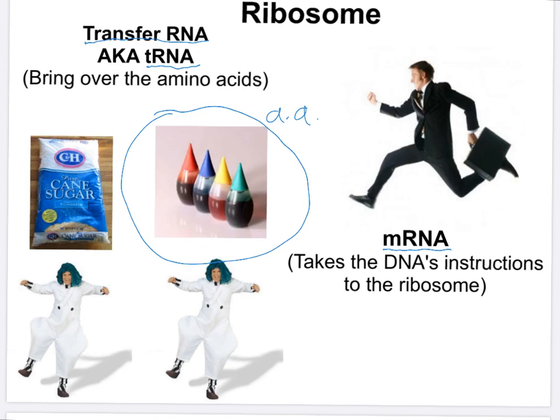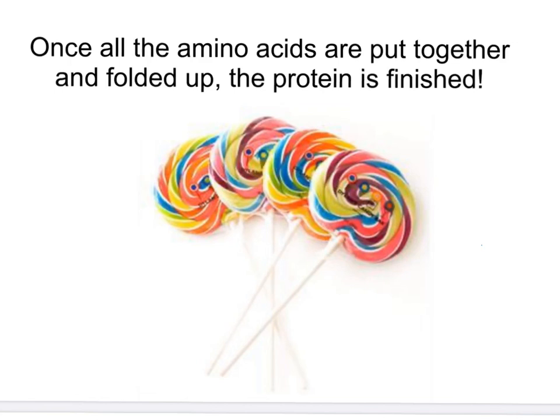They're the monomers of proteins, so those are the ingredients, according to the instructions on the mRNA. And then finally, all of the amino acids are chained together, folded up into their appropriate shape, and the protein is finished. Yay.